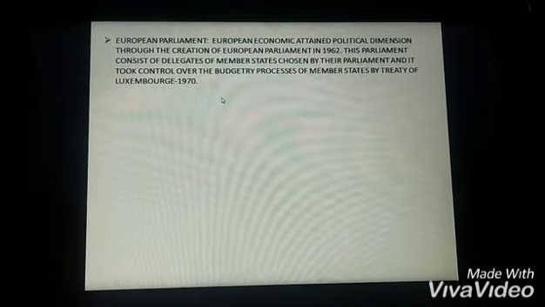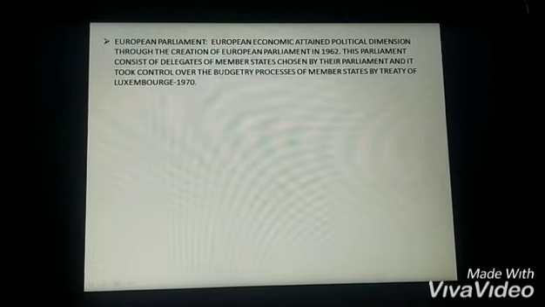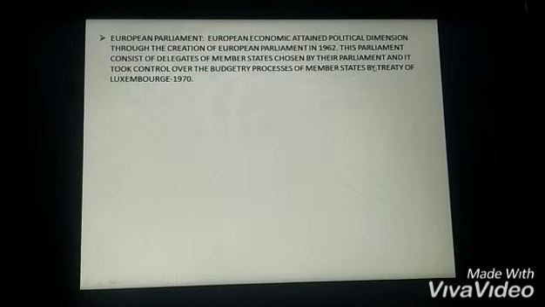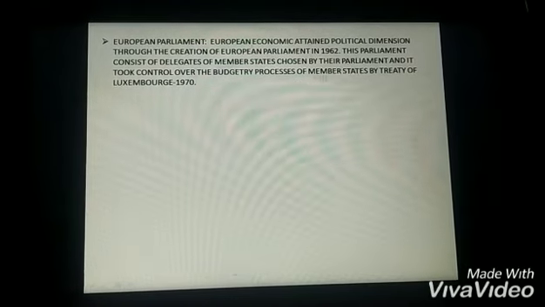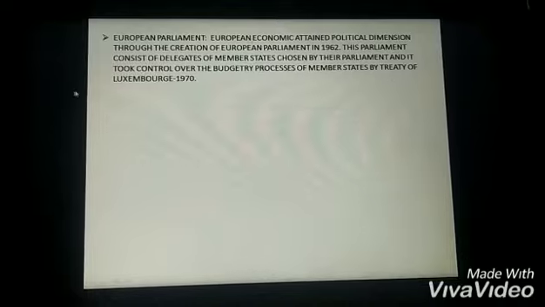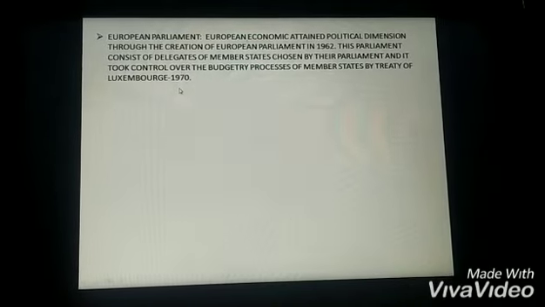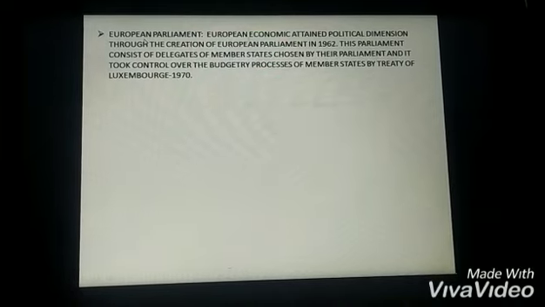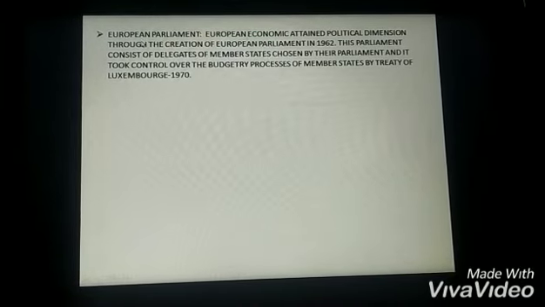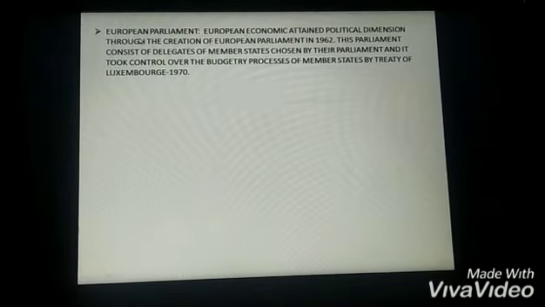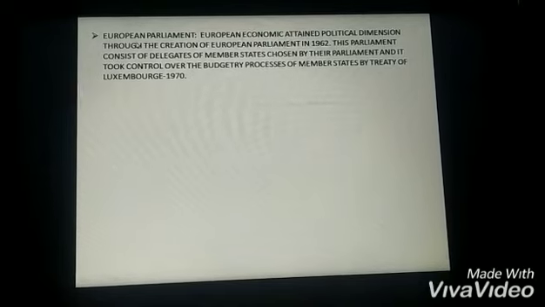And slowly, in the following years, this parliament, which was created in 1962, took over the control over the budgetary process of the member states by the Treaty of Luxembourg in 1970. So slowly, under the European Economic Community of 1957, an assembly was created, which declared itself a parliament in 1962.